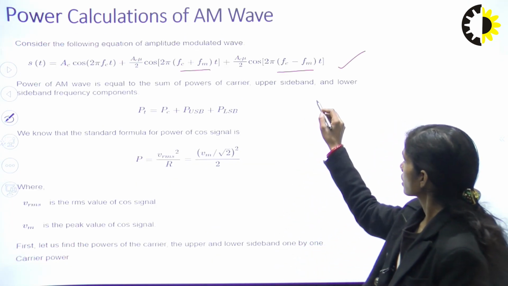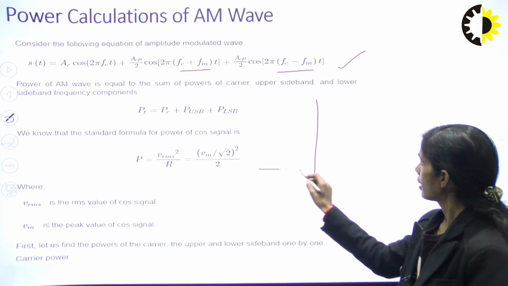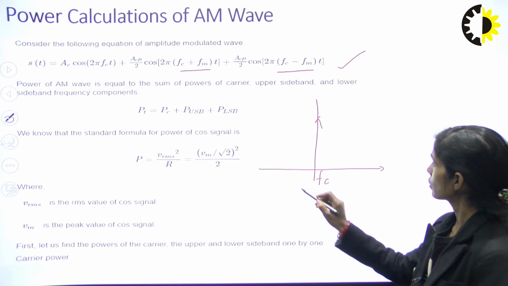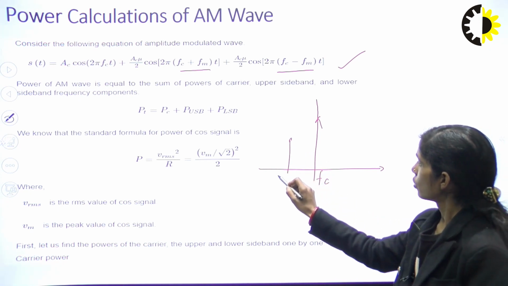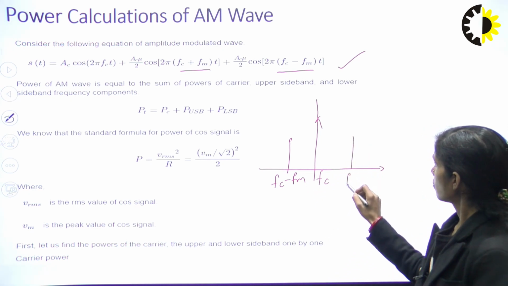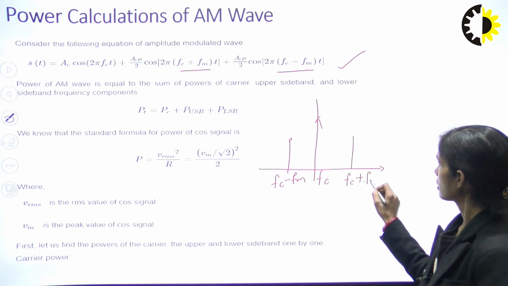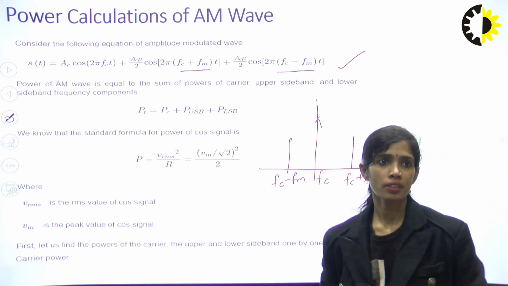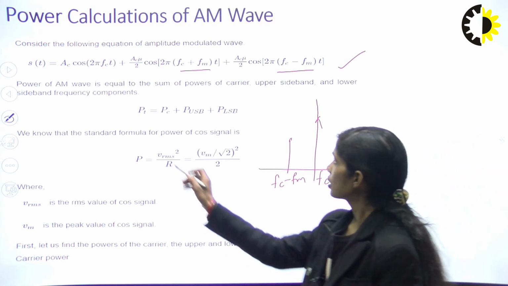This creates the upper sideband and lower sideband. Suppose this is the carrier frequency, this will be the lower sideband frequency Fc minus Fm, and this will be the upper sideband frequency, that is Fc plus Fm. So, in this amplitude modulated wave, we had studied what the total power is.